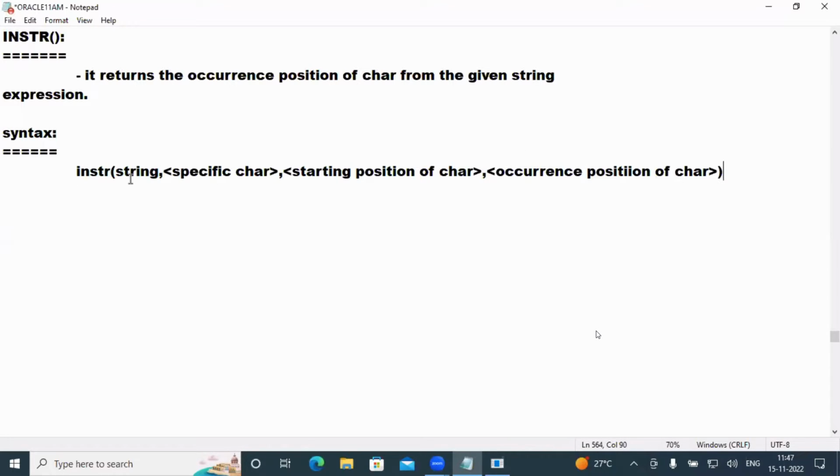So in total, there are 4 arguments in this function. First, your string expression. In this string expression, for a specific character from a given position, how many occurrences there are, and the occurrence position you want. For example, observe here.